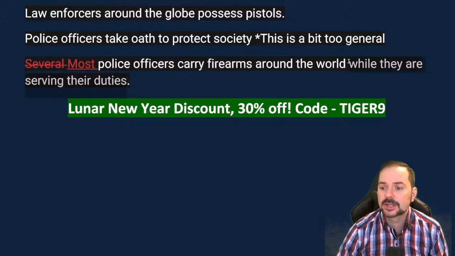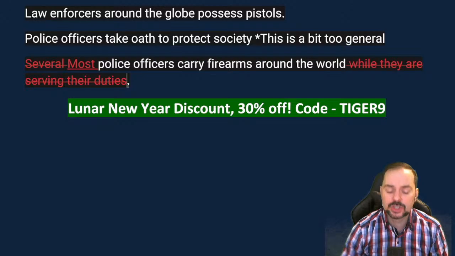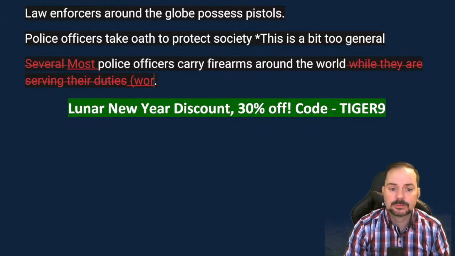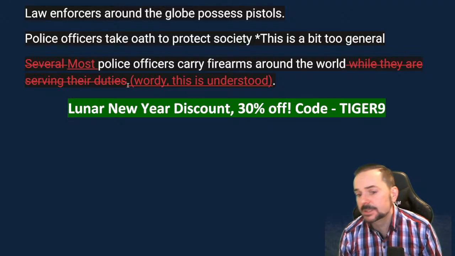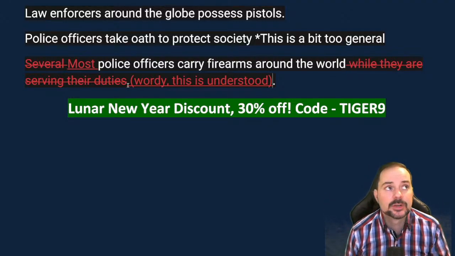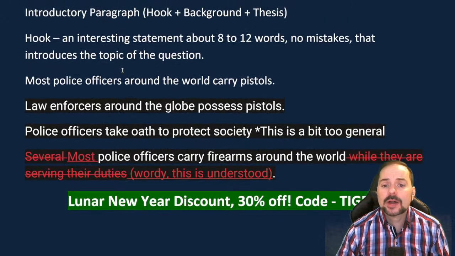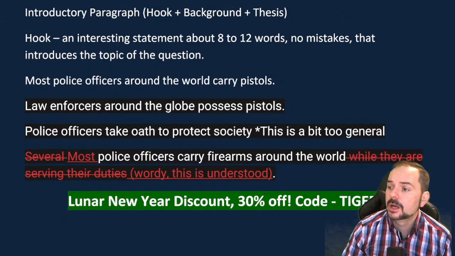This is unnecessary. While they are serving their duties, my comment on your sheet here would be unnecessary, or wordy. This is understood. So for Band 8, Band 9, Bandita, you have to be concise and you have to eliminate information that's not necessary for your essay, right? Okay, so otherwise, very good. So I think there's a lot of good statements there.